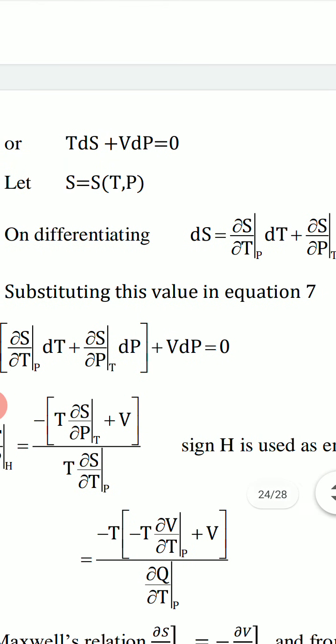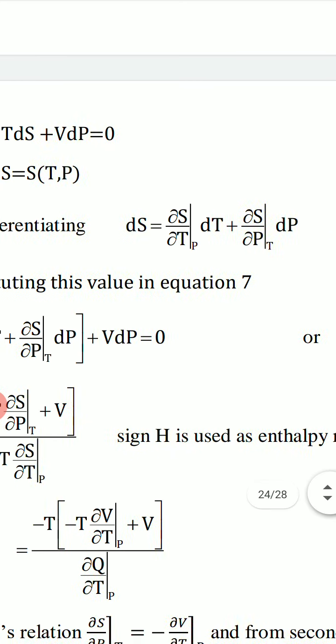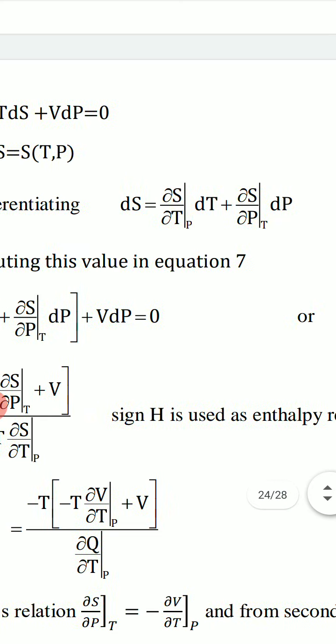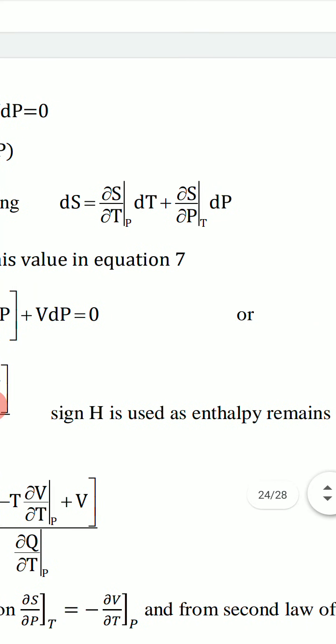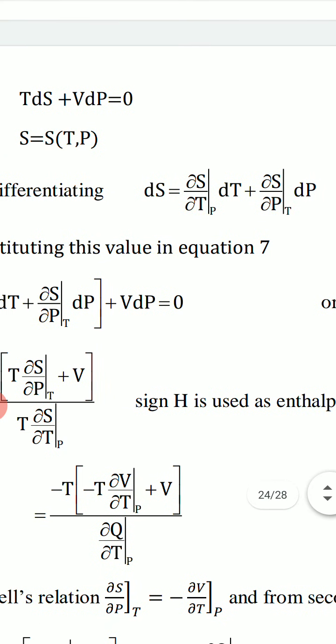If S is a function of T and P, then its differentiation dS we can write as delta S upon delta T dT plus delta S upon delta P dP.